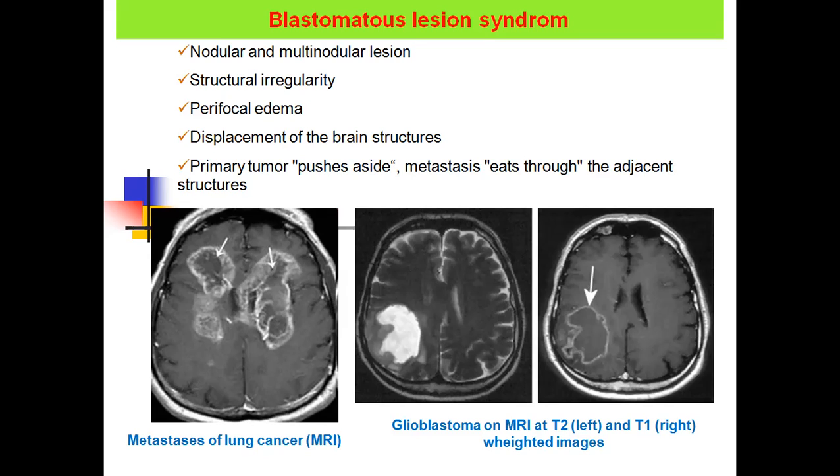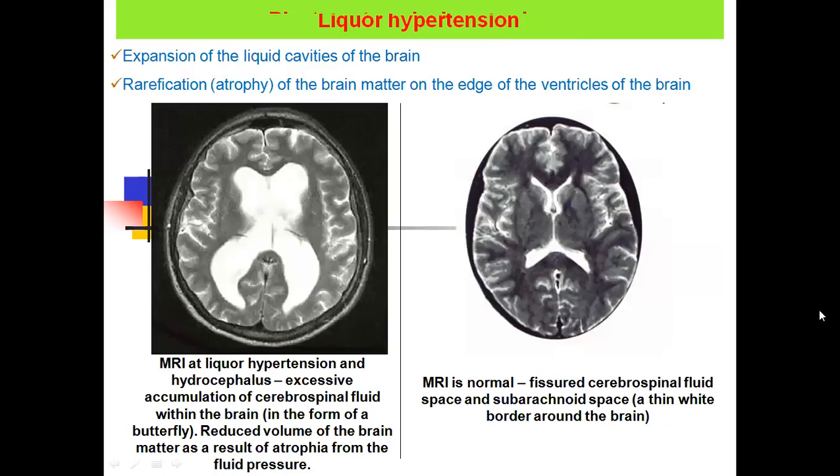In our example, it's glioblastoma on T2 and T1 weighted images. It causes displacement of normal structure to the healthy sites. For example, displacement of ventricles with cerebrospinal liquid.